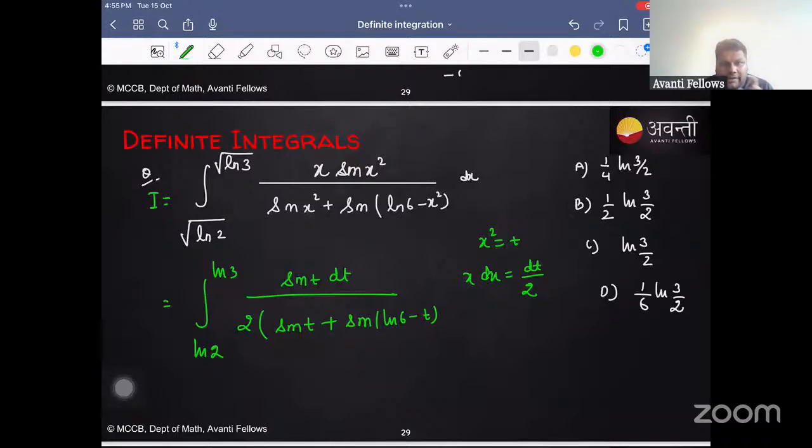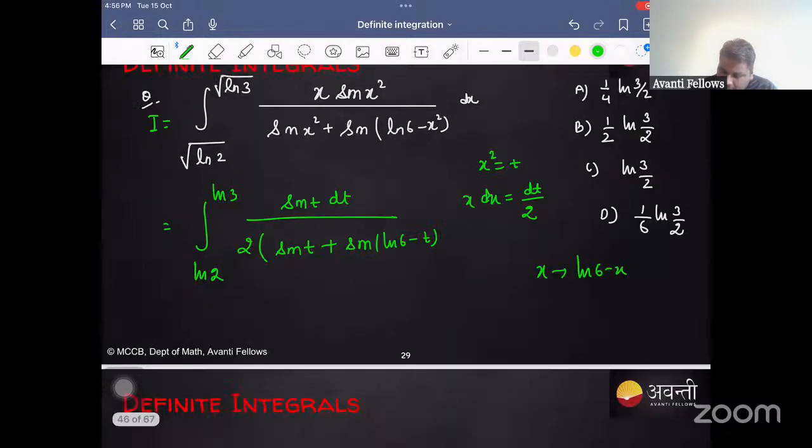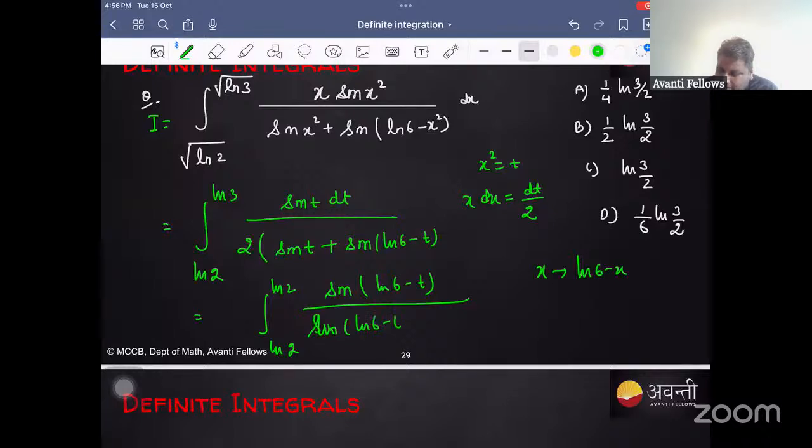Now, if you realize, the sum of limits is ln 2 plus ln 3, which is also ln 6. So replace t by ln 6 minus t. So you get, from ln 2 to ln 3, sine of ln 6 minus t upon sine of ln 6 minus t plus sine t dt, half outside.